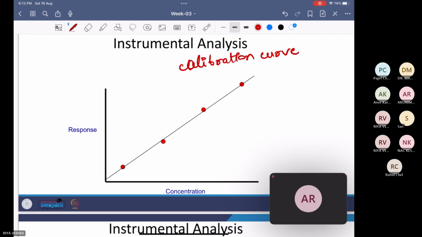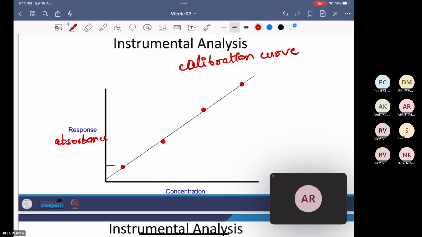If we are dealing with a spectrophotometer, then here we will have absorbance, and here we will have concentration. So for different known concentrations of pollutants, we will have different absorbance levels. With that, if we want to check any unknown sample, for example any sample X, to find what concentration of pollutant is present in it, we can directly measure its absorbance.